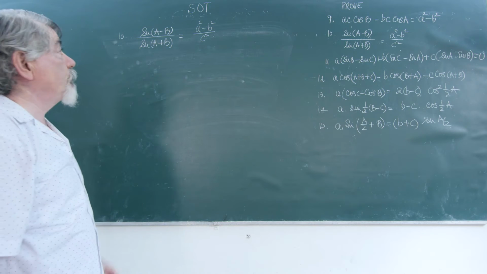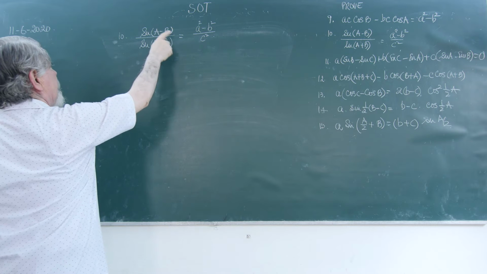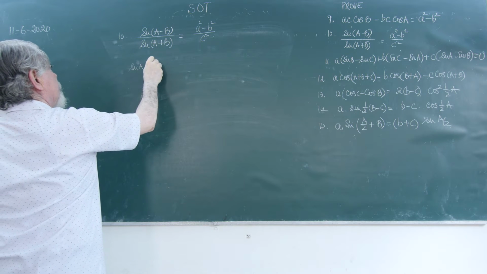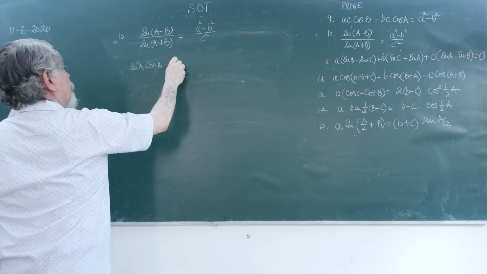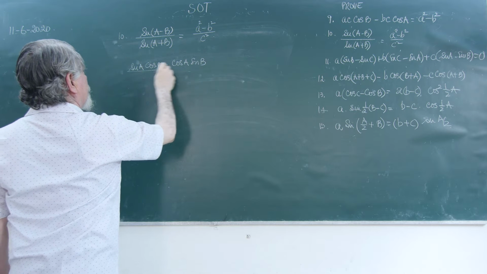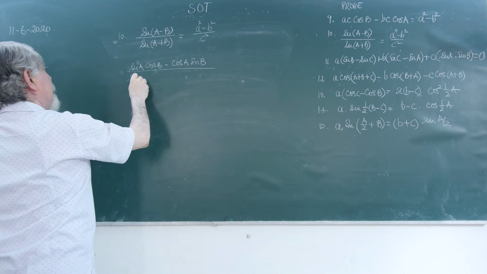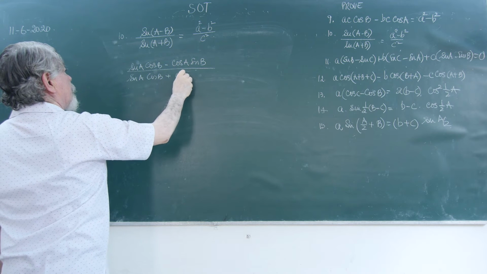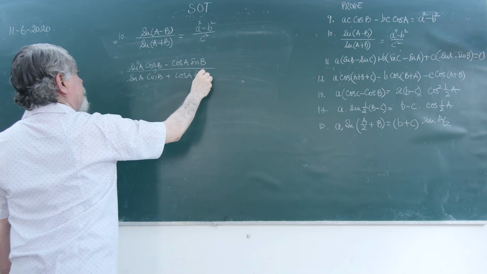This kind of question we have done just before this somewhere, I remember. So what we are going to do is, left hand side, sine A cos B minus cos A sin B upon sin A cos B plus cos A sin B.